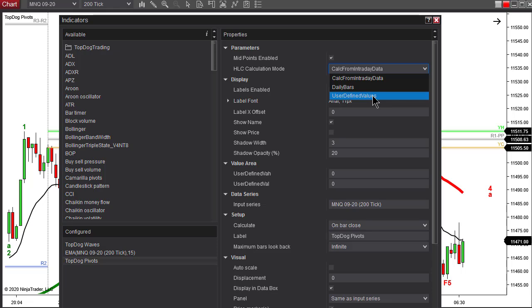Then you would manually put in the values based on, you'd go to the exchange's website, and you would type in the previous day high, low, and settlement. You can be even a little more exacting there with settlement. Not as big of a deal as it used to be. And so I don't actually do that anymore. I used to back in the days of yore. But these days I just calculate from intraday data.